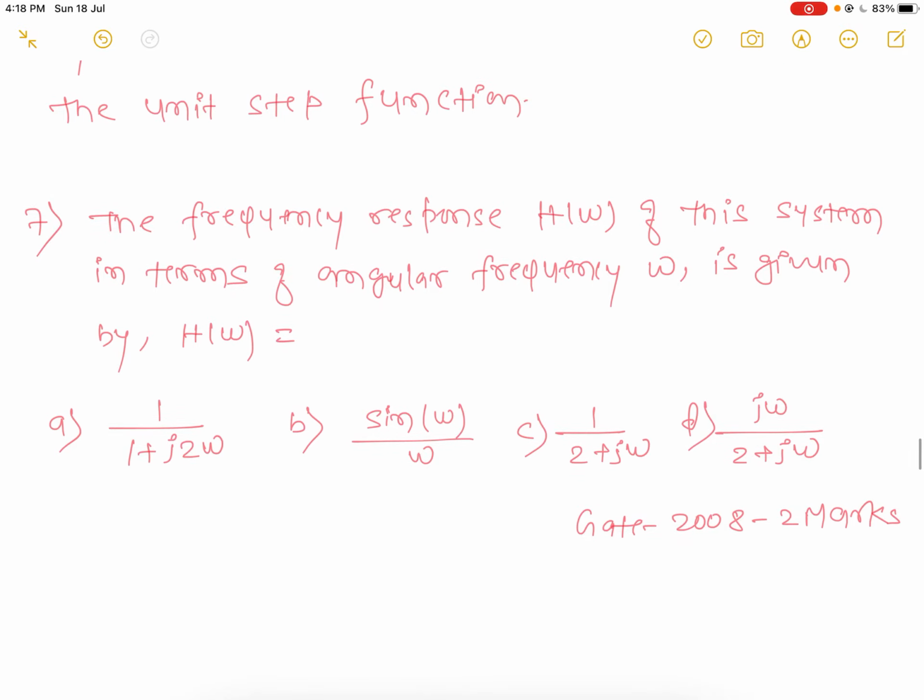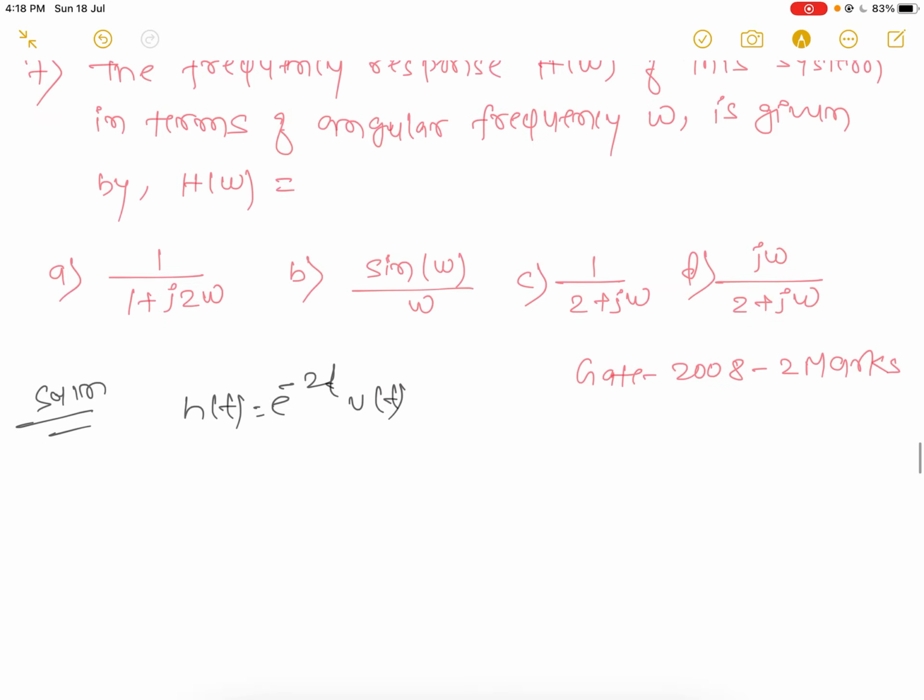Okay, so first of all here is the solution. h(t) is given as e to the minus 2t u(t). Then when you take the Fourier transform, what will happen?